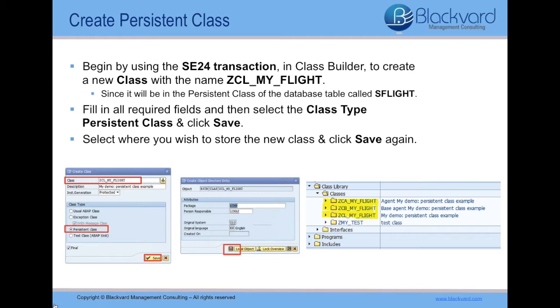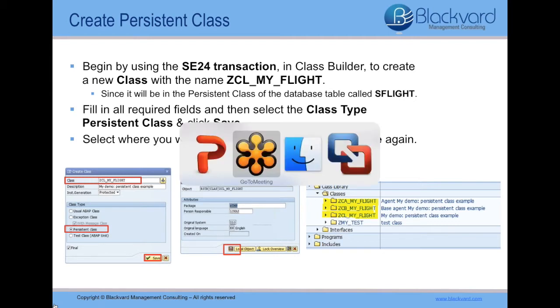In this case, we use the temp package because it will never be transported anywhere. It's just for test purposes. And on the right side, you see in your class library all the automatically created classes. So we create CL myFlight, and CB myFlight and CA myFlight will be automatically generated.